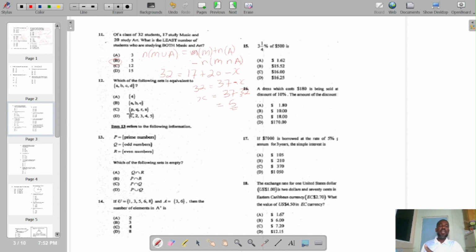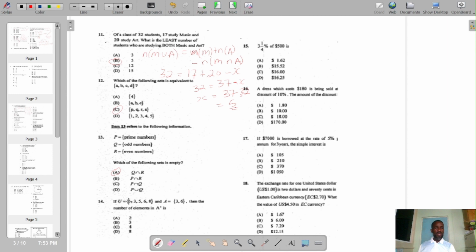If the universal set is equal to 1, 3, 5, 6, and 8, and A is equal to 3 and 6, then the number of elements in A complement is, so if this is set A, then we have 3 and 6 inside here.